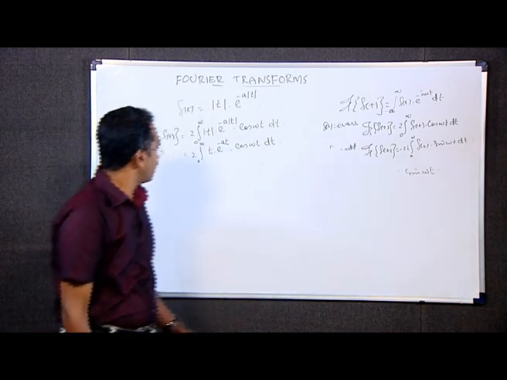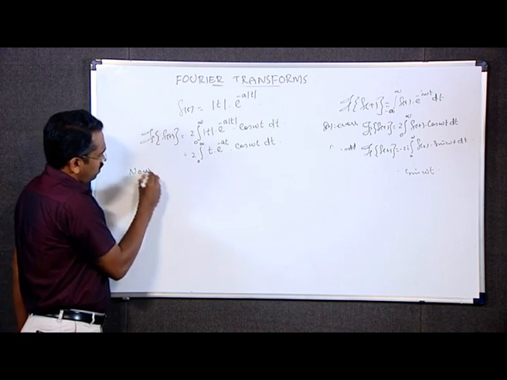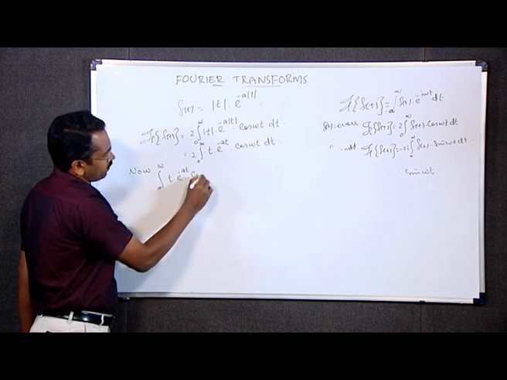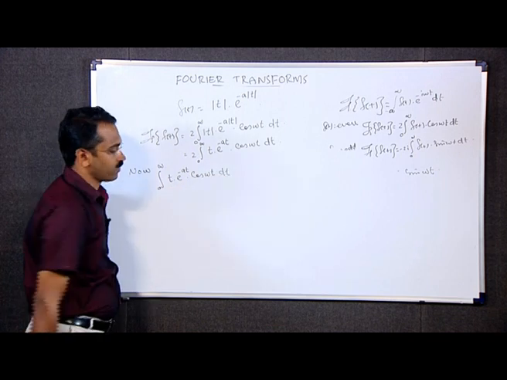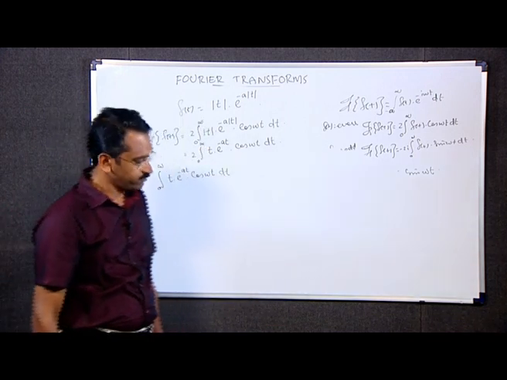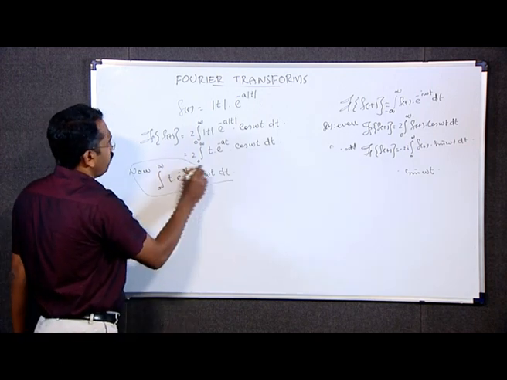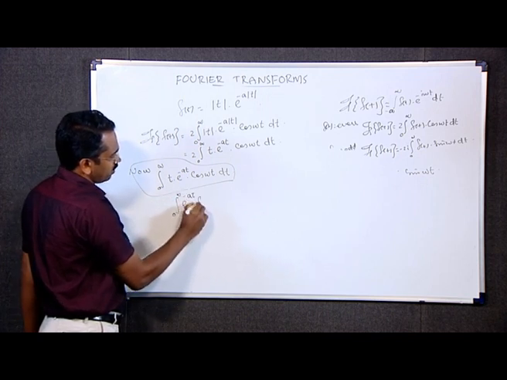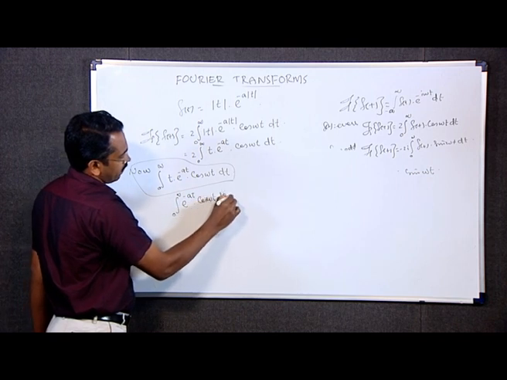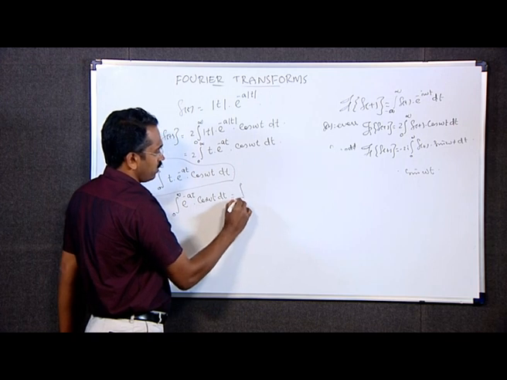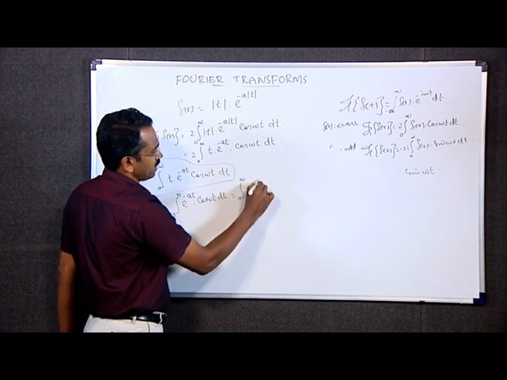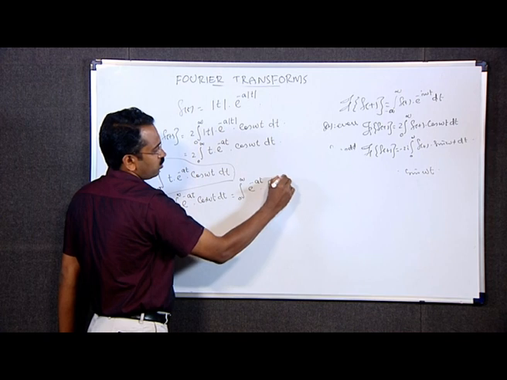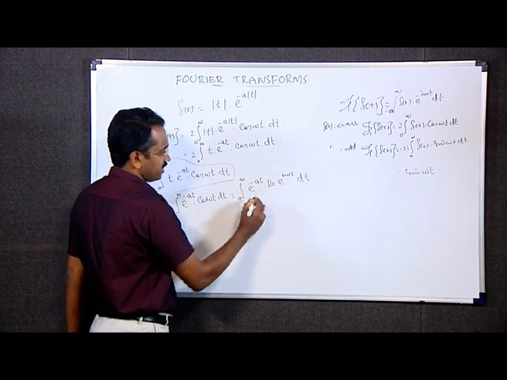We know that the integral from 0 to infinity of e raised to minus a t cos omega t dt is equal to the integral from 0 to infinity of e raised to minus a t into, here cos omega t can be written as the real part of e raised to I omega t, dt.